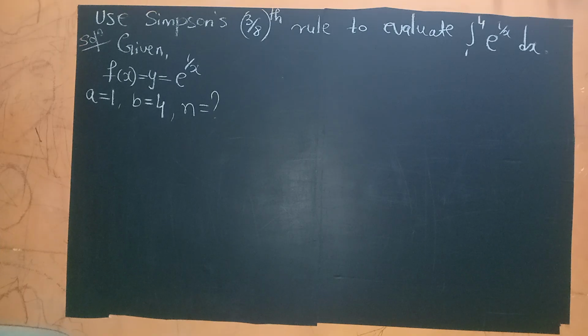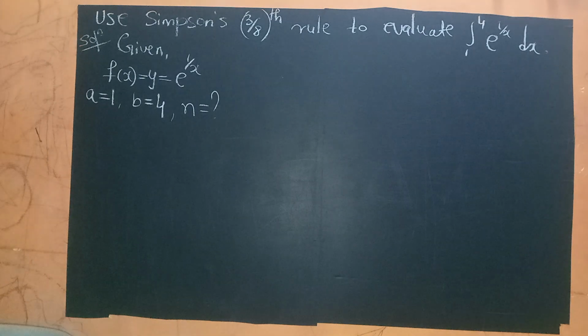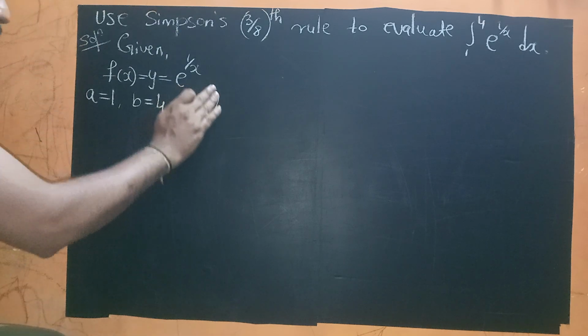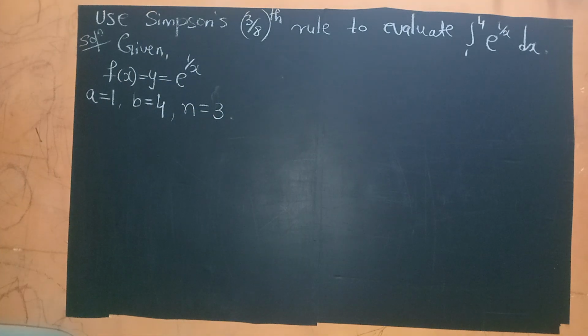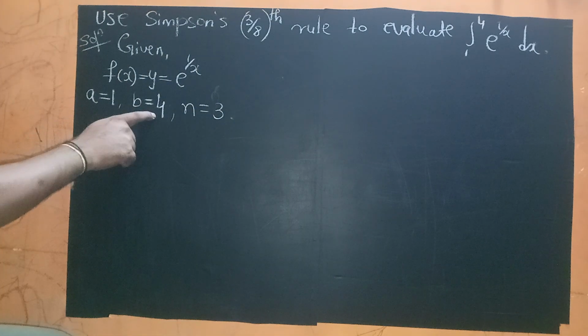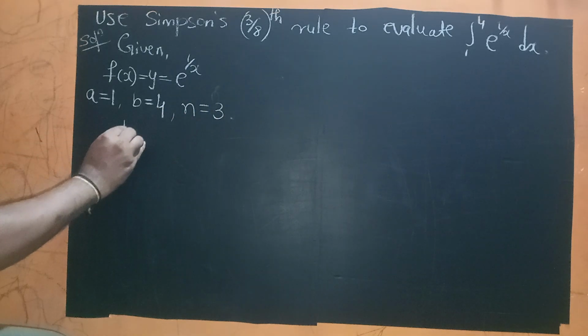To operate Simpson's 3 by 8 rule, the minimum number of strips required is 3 or multiples of 3. Here n is not given, so by default we choose n equal to 3.